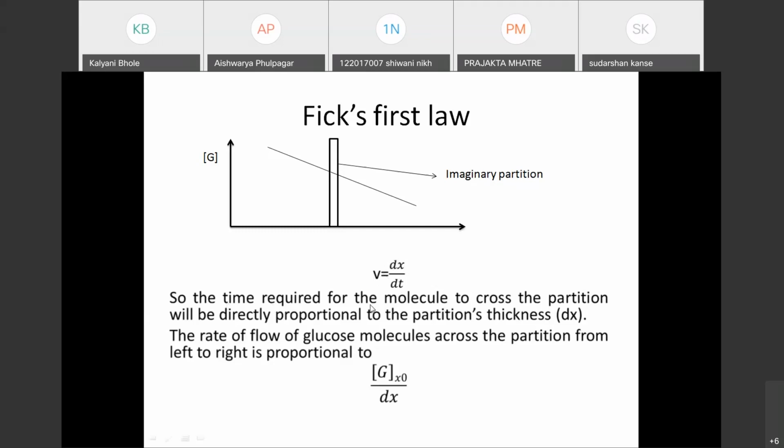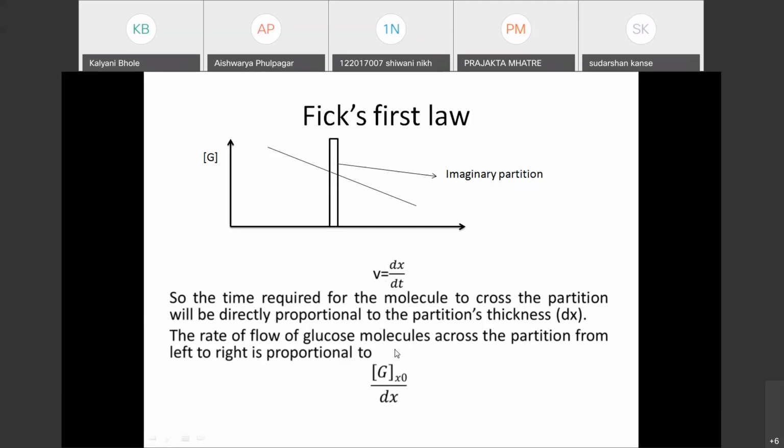The time required for a molecule to cross the partition will be directly proportional to the partition thickness, dx, and the rate of flow of molecules V is calculated as dx by dt. So the rate of flow of glucose molecules across the partition from left to right is proportional to the concentration of glucose upon dx.